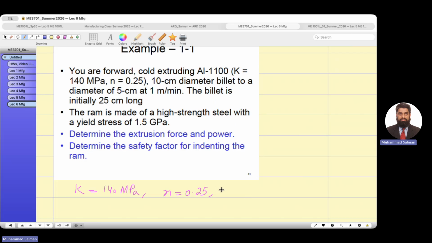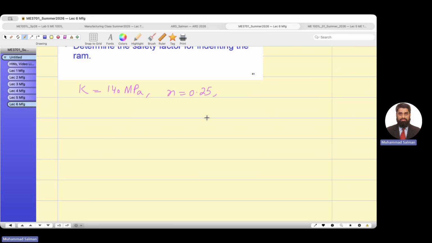Okay, so let me draw the rough sketch. Like this, like this, and then the material comes out, and make sure it is at 45 degrees.